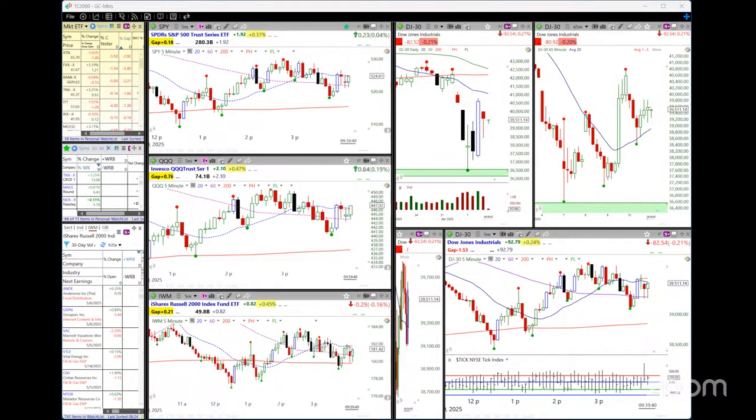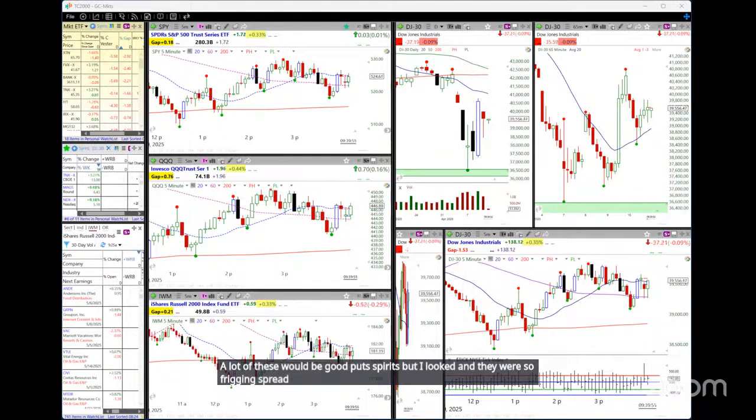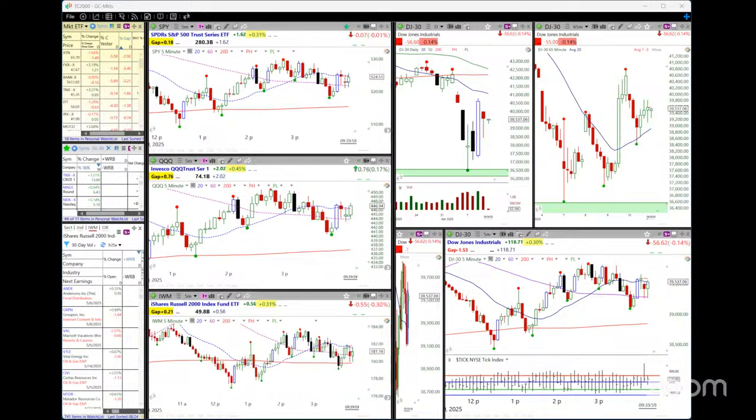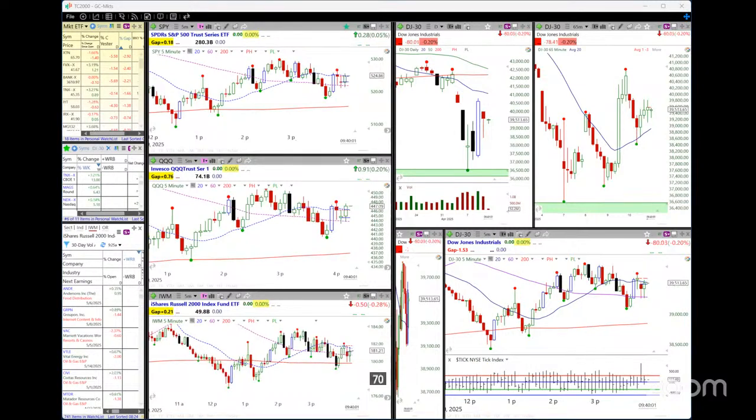Berg. I set all these alarms on these 1, 2, 3s this morning. Ferg here hit my 162 alarm. A lot of these would be good put spreads, but I looked and they were so friggin' spready. Let me check Bravo Golf again. 70s or 67.5.